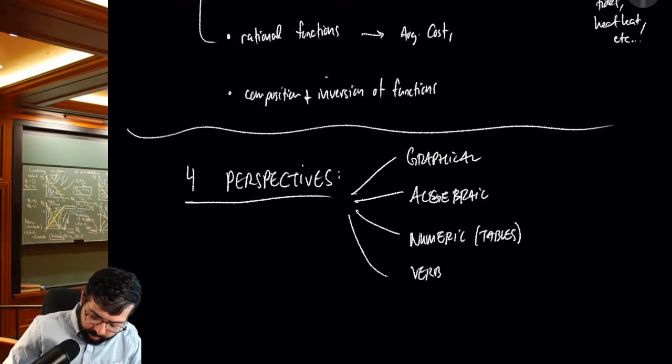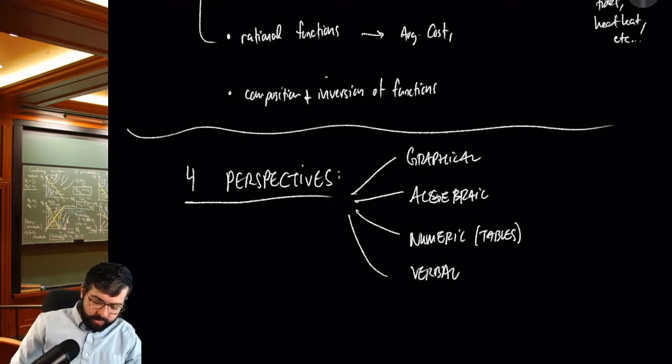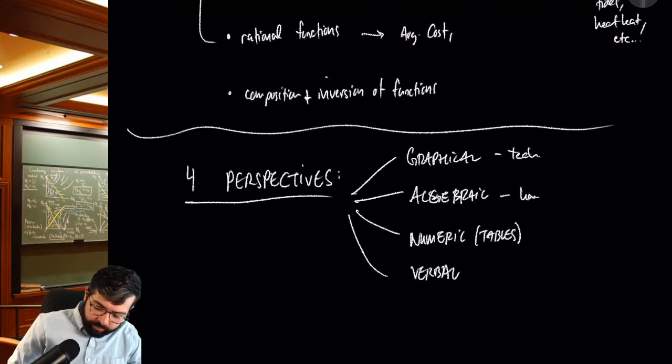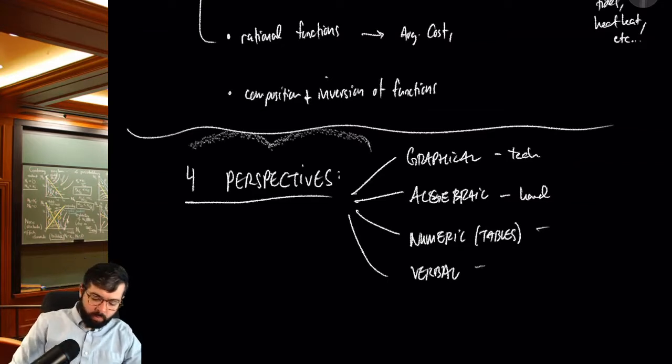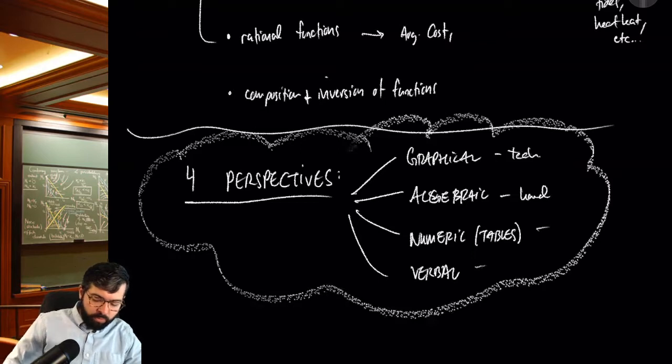Can we describe a functional situation? So, using technology for graphing, algebraically representing things by hand using symbols, representing a function via a table, or like I said, describing it verbally. These are things that you're going to want to weave through this whole course.